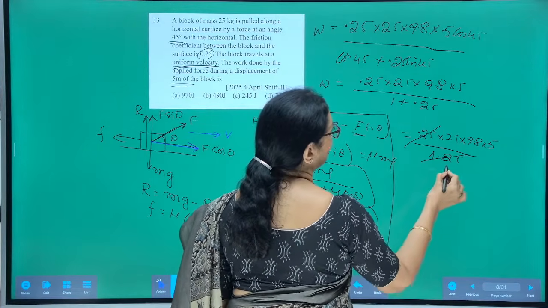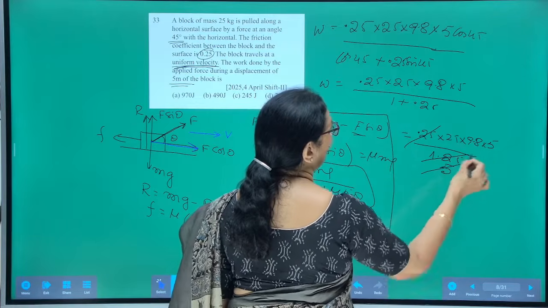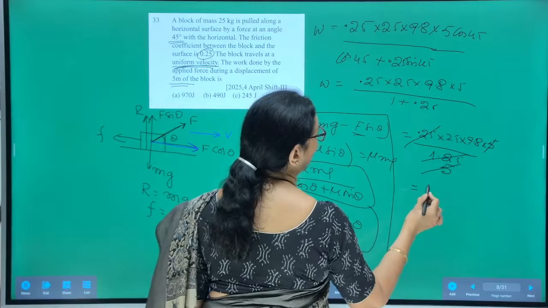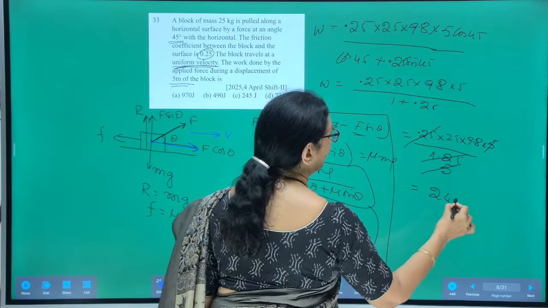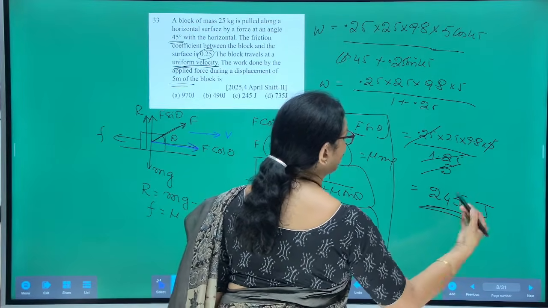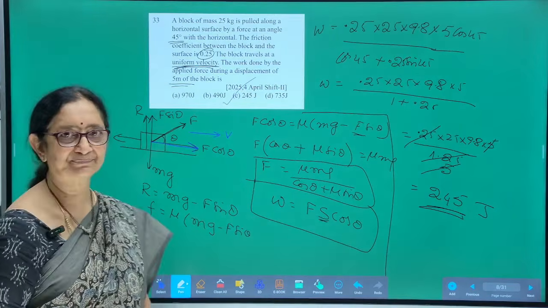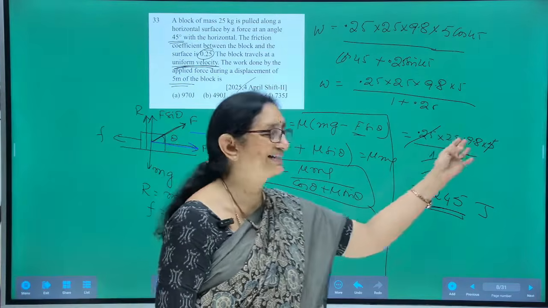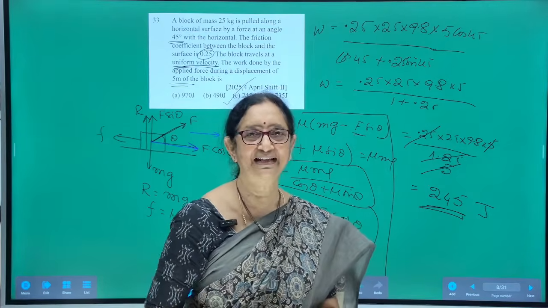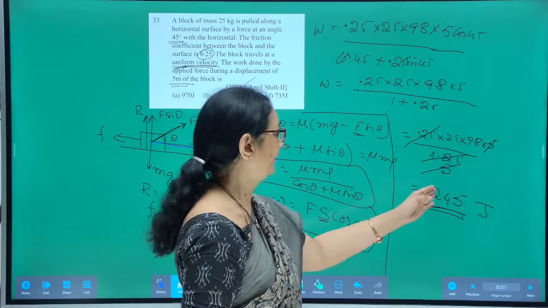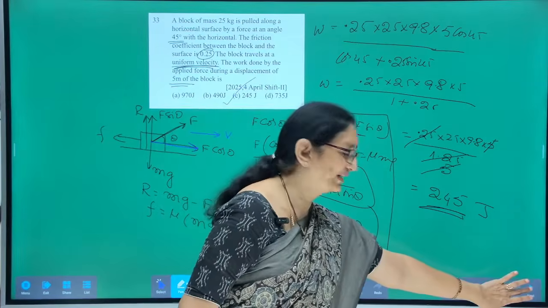The 5 and 5 get cancelled, and 25 times 9.8 is 245 joules. So, the correct answer is option C. 25 tens are 250, a little less than that. If you exactly multiply 25 with 9.8, you get exactly 245.